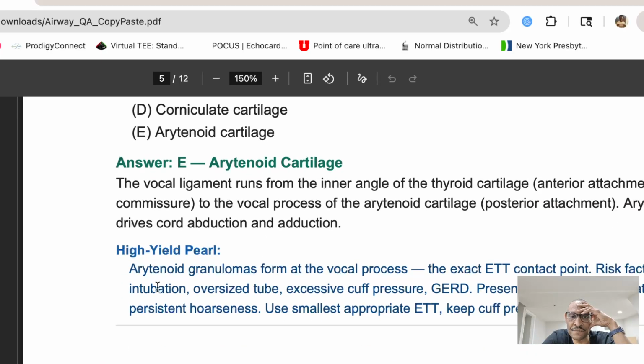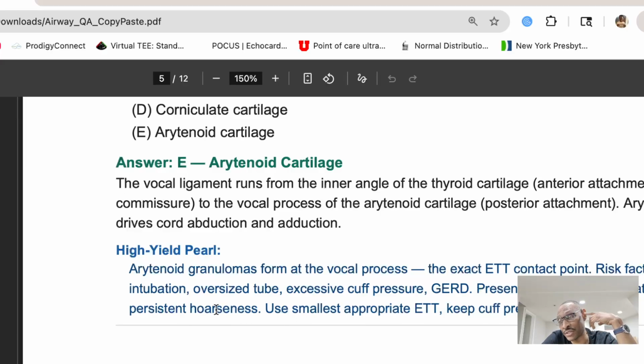Some high yield stuff. Arytenoid granulomas form at the vocal process, the exact ETT contact point. Risk factors: patients who've had prolonged intubations, patients with an oversized tube, or high cuff pressure can lead to granuloma formation. Patients with poorly controlled GERD. This can present weeks post-extubation as persistent hoarseness.